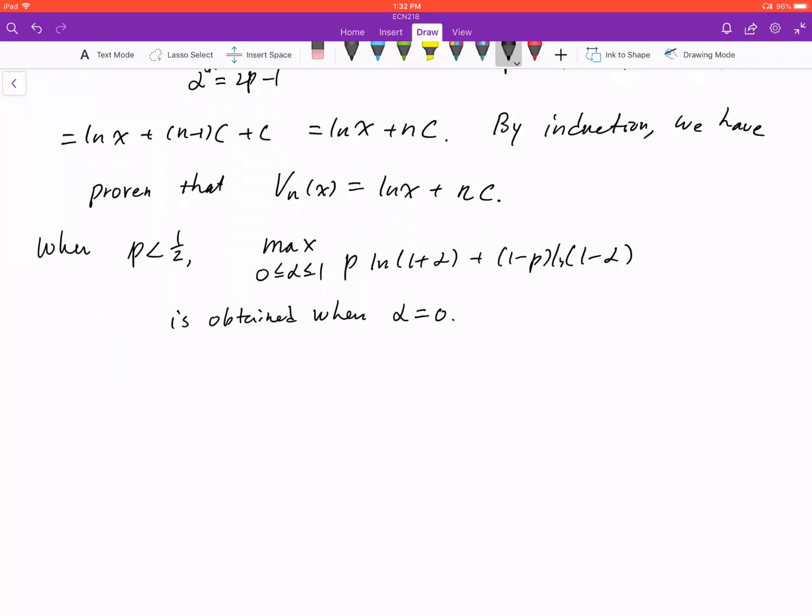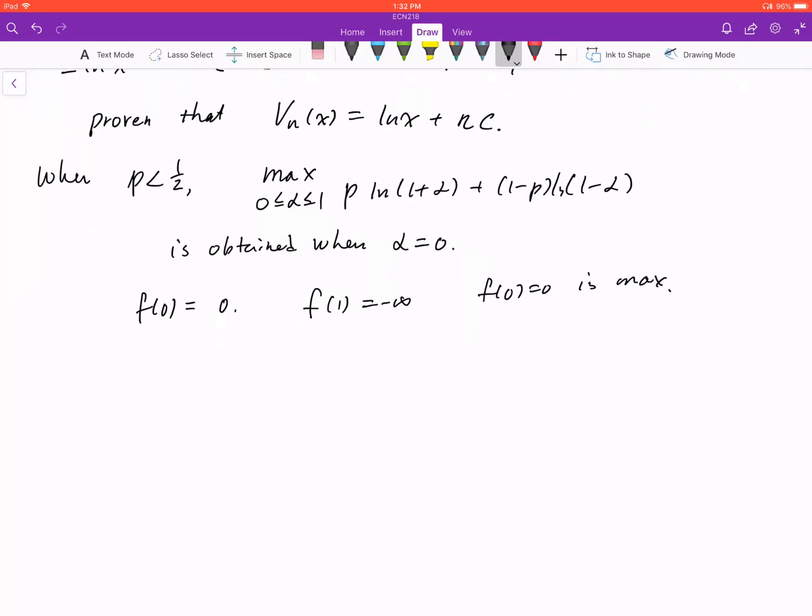The reason is that if we still call this function f of alpha, f of 0 is just 0, but f of 1 is negative infinity. That's why f of 0 equal to 0 is the maximum.